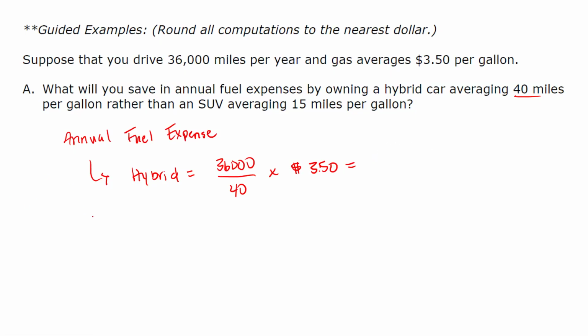And then for the SUV, similarly, we'll take 36,000 divided by the 15 miles per gallon, which is what an SUV averages, times the cost per gallon, which is $3.50. So now let's grab our calculator and find these costs.